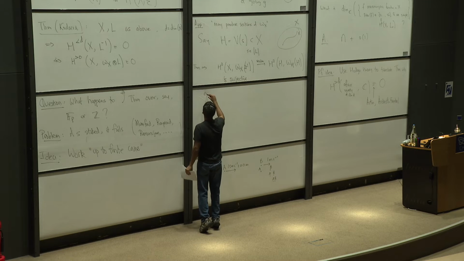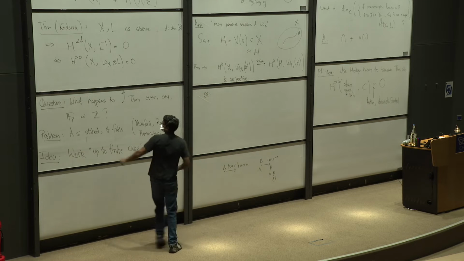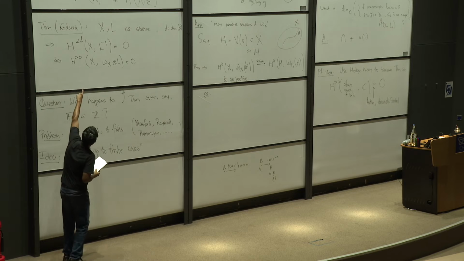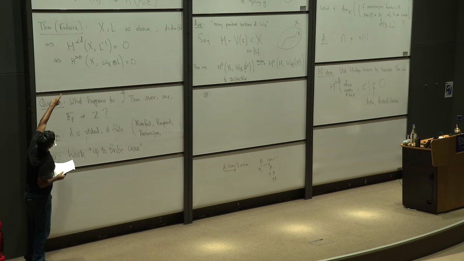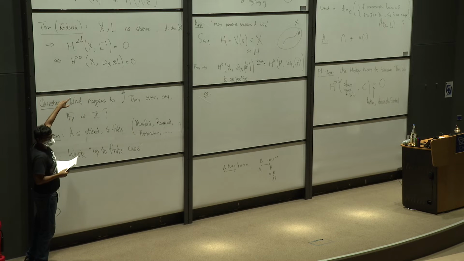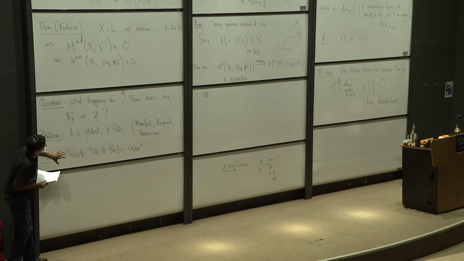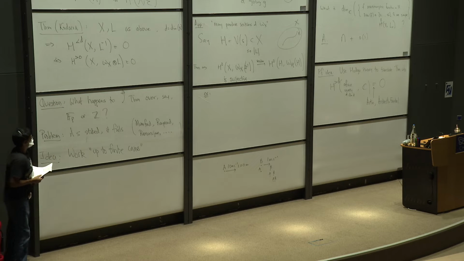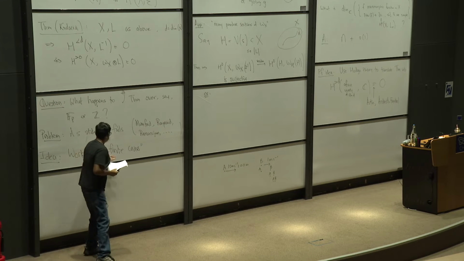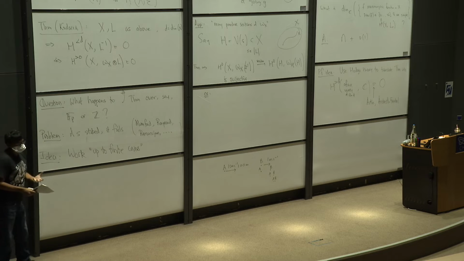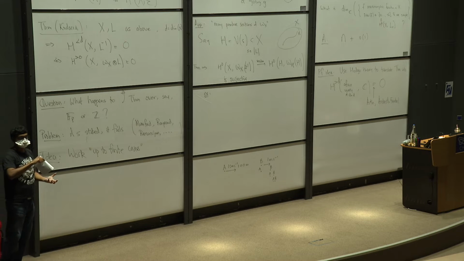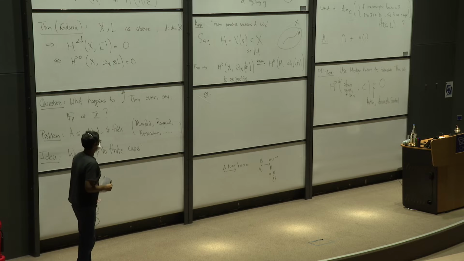The idea is that if you're working over Fp or over Z, these cohomology groups are also Fp vector spaces or Z-modules. They could have torsion. And so this is a question about torsion cohomology classes. And what this idea is saying is that torsion cohomology classes can often be annihilated if you pull them back along finite covers, unlike cohomology classes which have coefficients in a field of characteristic 0.